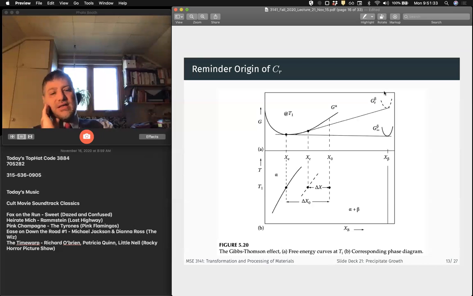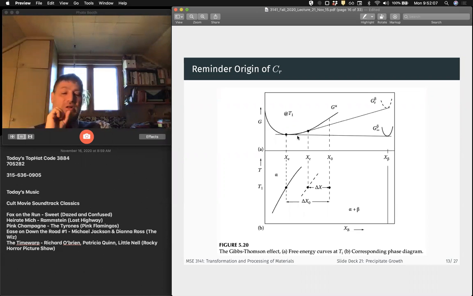And because normally, if this beta is, say, an intermetallic like cementite, or a stoichiometric compound like in ceramics, what it means is that the composition of beta is going to stay about the same. And we only need to really consider the composition change in our alpha.